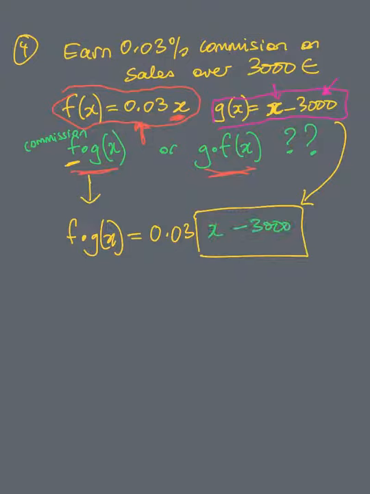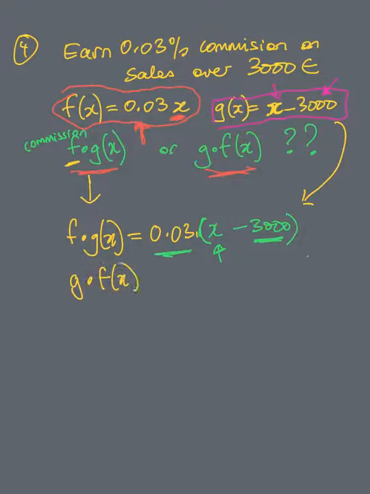Okay, so let's just put brackets there. So what does that equation tell us? Well, that looks pretty good. It looks like we're getting commission based on our total sales, subtract away what we don't earn commission on. So that makes sense. Well, let's have a look at the other one first before we stop there.